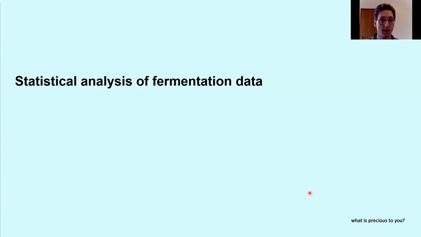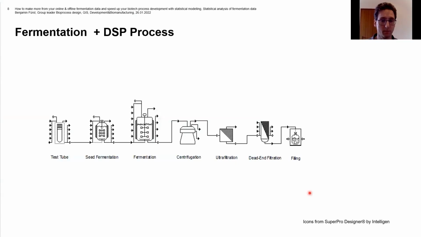Let's go. Since my talk is going to evolve around data coming from a fermentation process, I want to put everybody on the same page concerning what a fermentation process looks like. This is a basic overview of a fermentation process with a DSP. I will focus on the main points here.